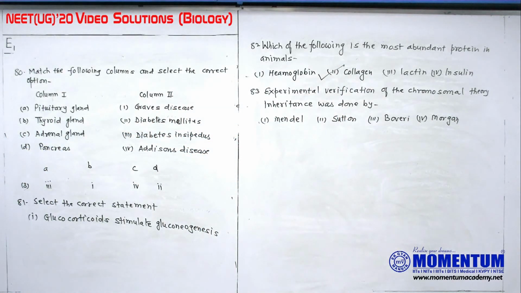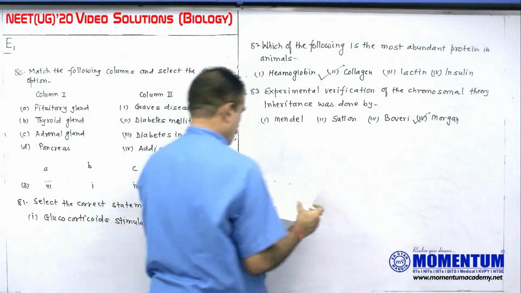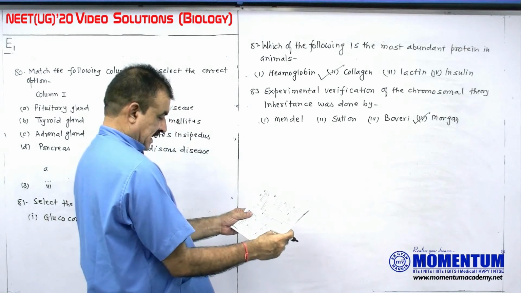That is 83. Morgan was the scientist who gave experimental verification.